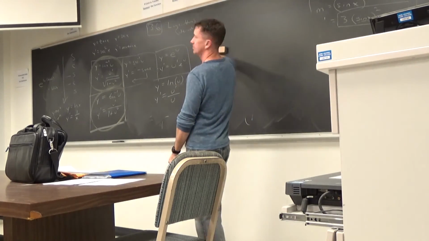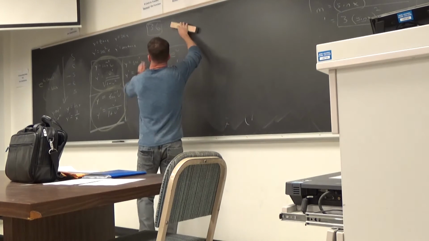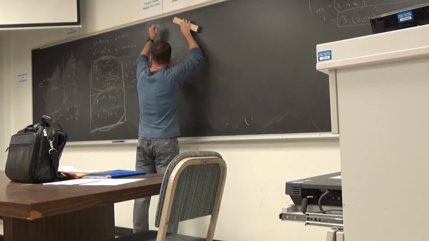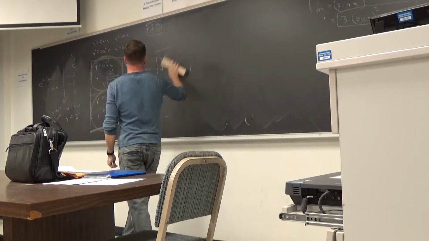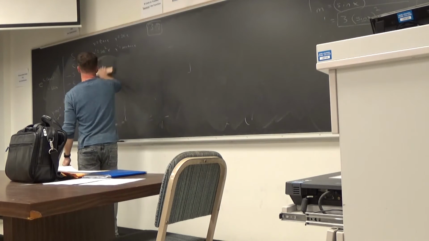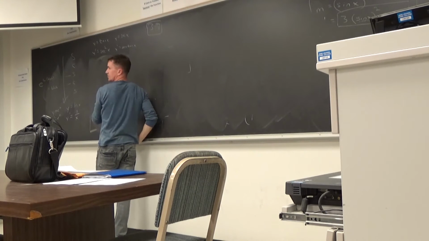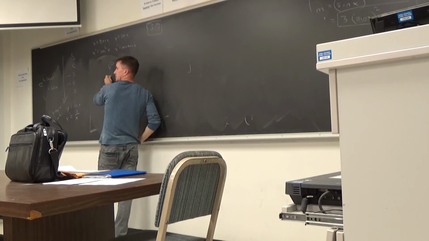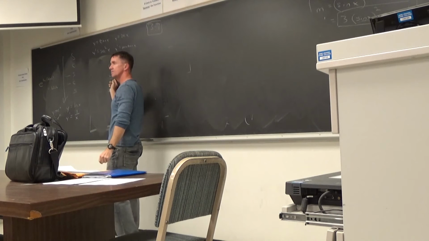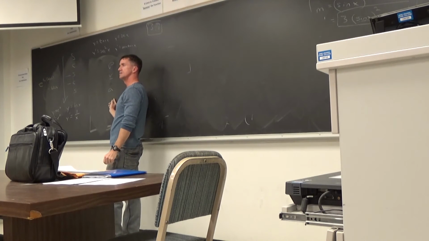All right, the last thing we're doing today is 3.7. We'll do a couple of these. Eva, what's the derivative of position? Velocity. What's the derivative of velocity? Acceleration.